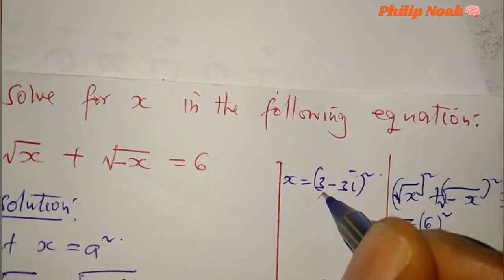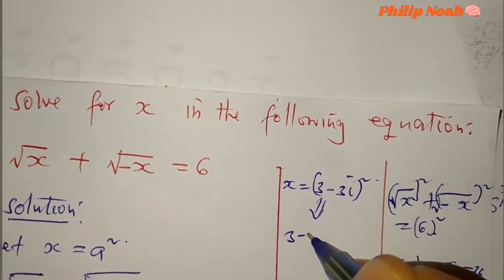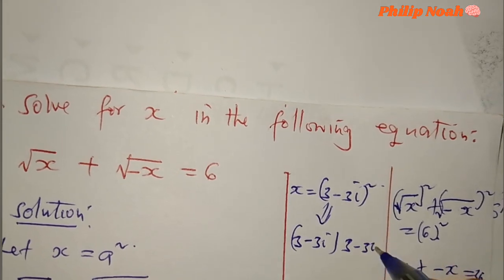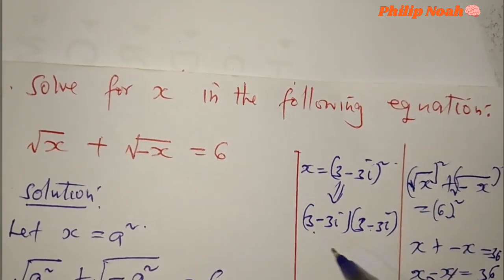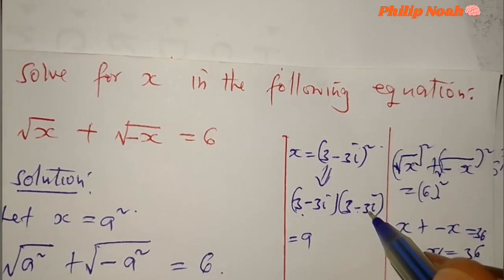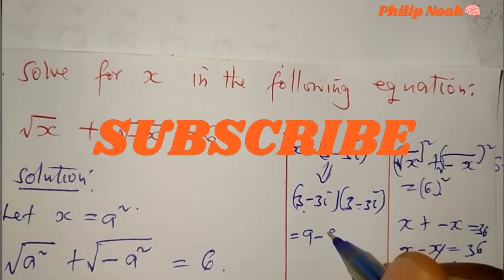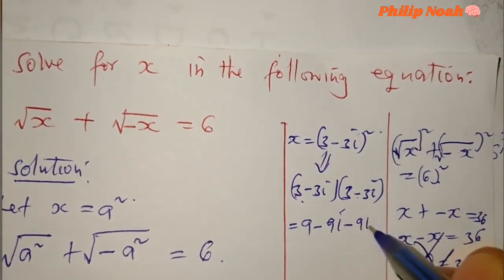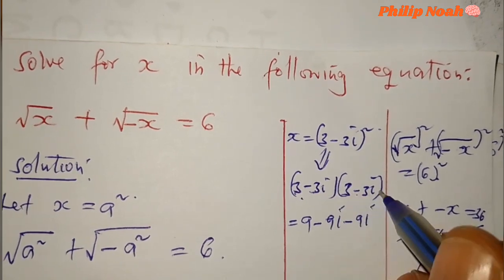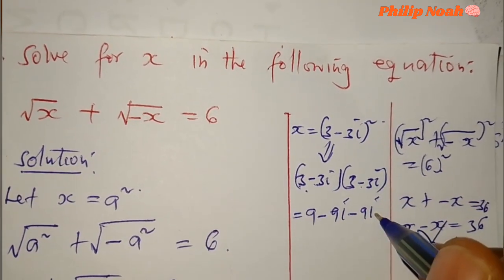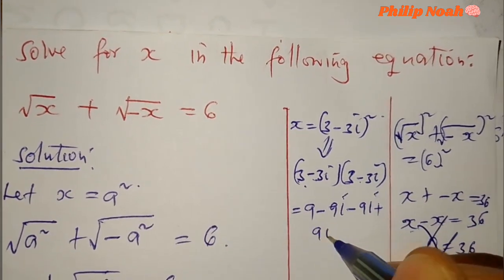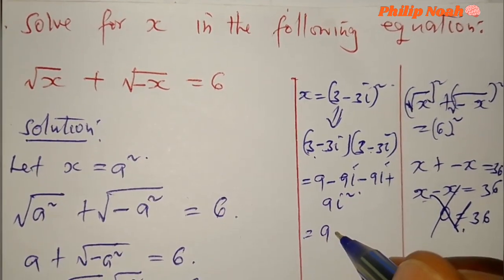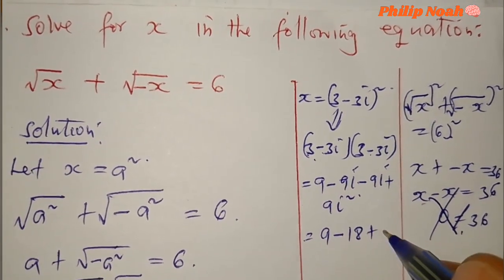This is the same as writing 3 minus 3i times 3 minus 3i. 3 times 3 gives us 9. 3 times negative 3i gives us negative 9i. Negative 3i times 3 gives us negative 9i. Negative 3i times negative 3i gives us positive 9i squared. This is the same as 9 minus 18i plus 9i squared.